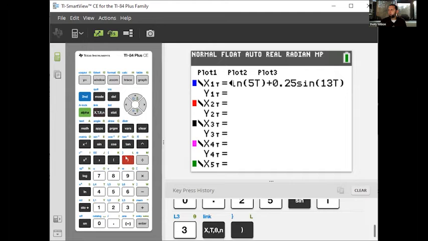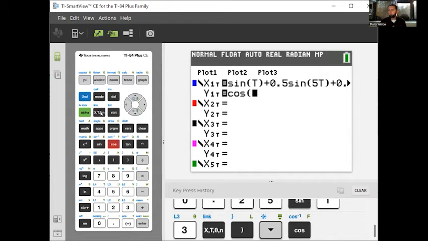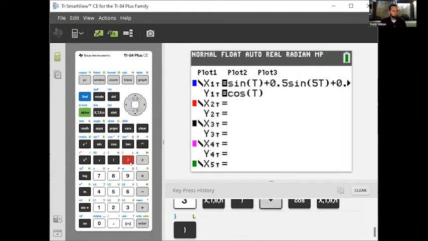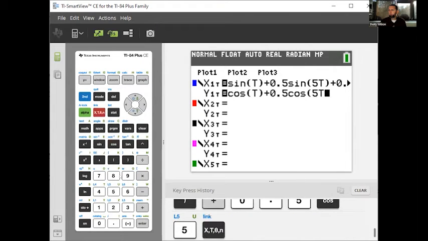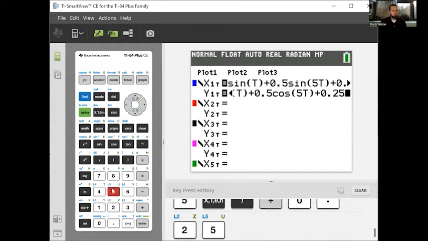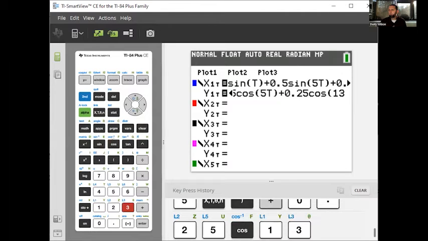And I try to always remember to close my parentheses. Our y is going to be cosine t, and then we have plus 0.5 cosine 5t, and then plus 0.25 cosine 13t.